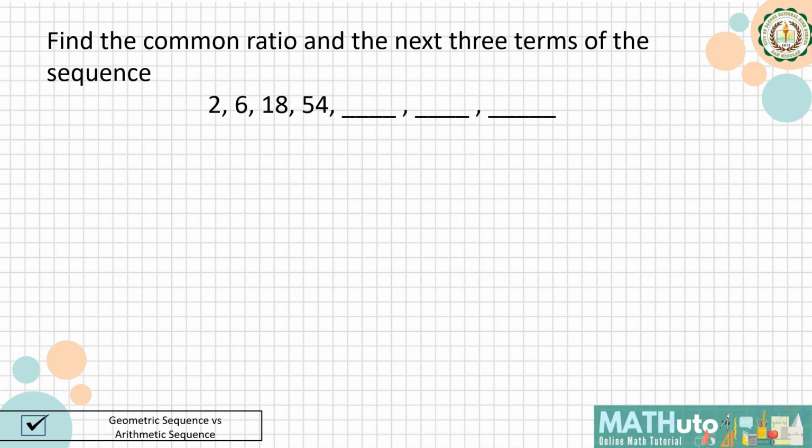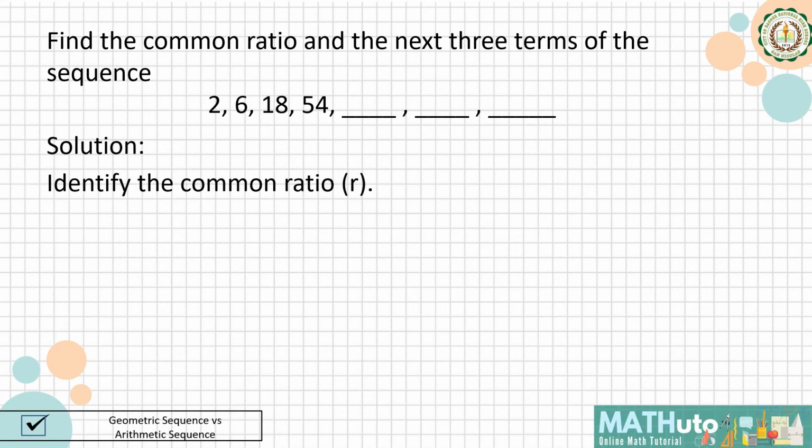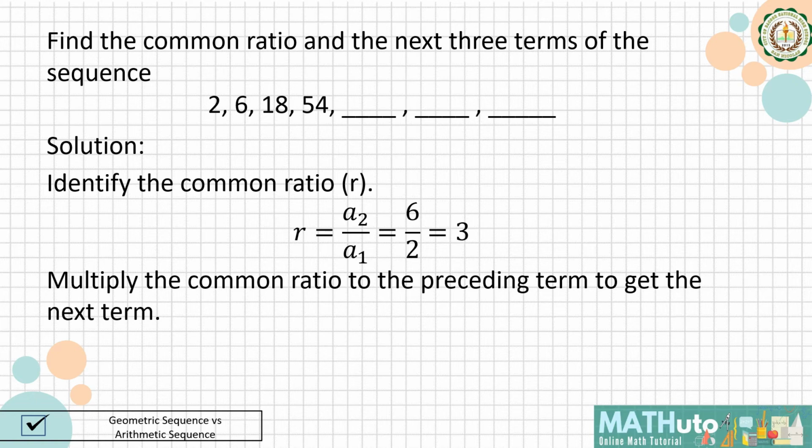Another example: find the common ratio and the next three terms of the sequence 2, 6, 18, 54. First, identify the common ratio. We can identify it by dividing the second term to its first term. 6 divided by 2 is equal to 3. Thus, the common ratio is 3. We will use this to multiply to the preceding term to get the next term.